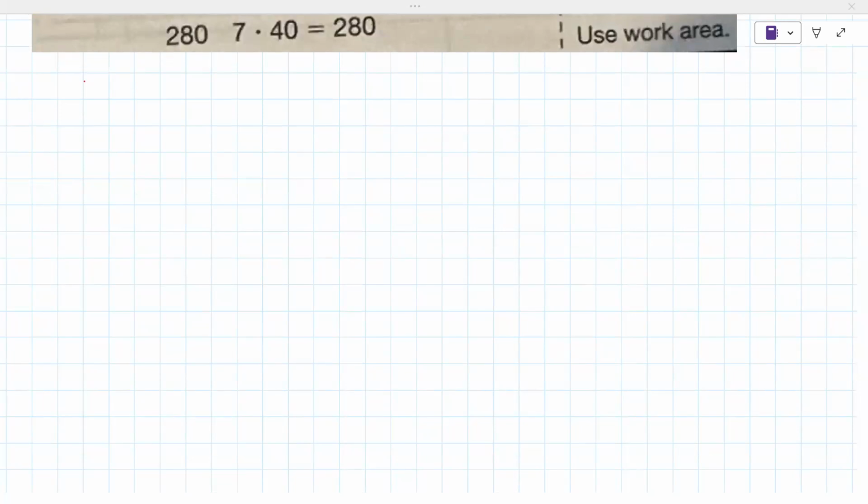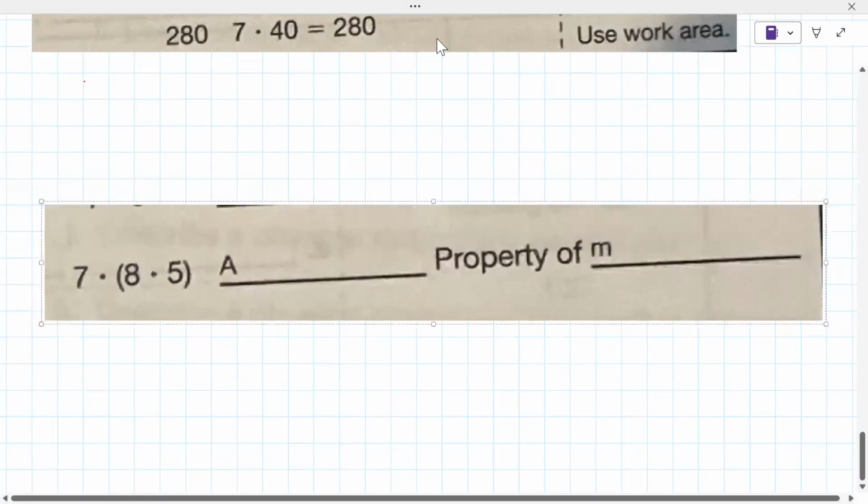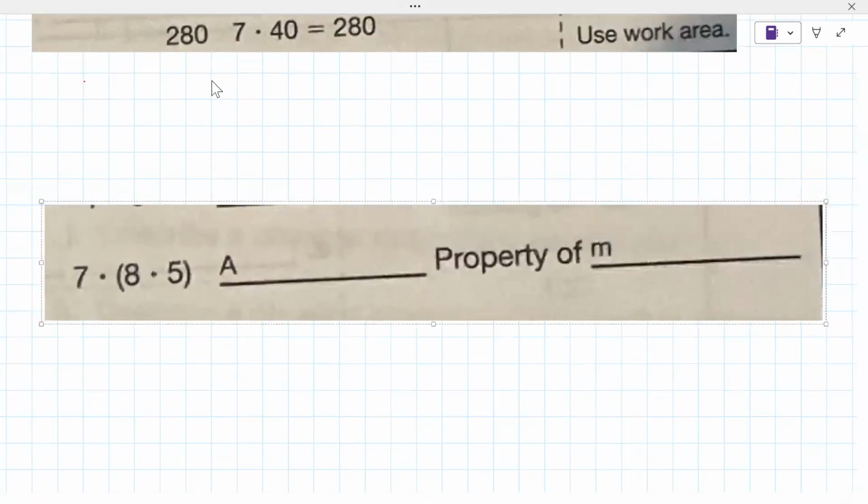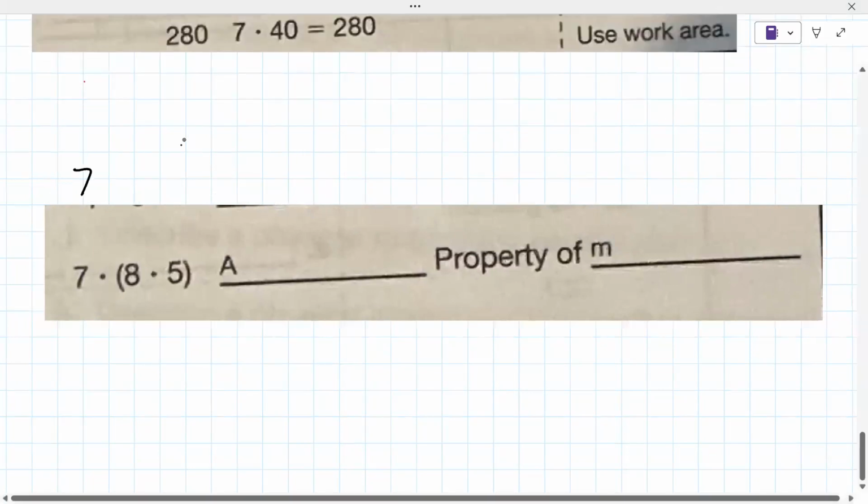Give me just a moment here to snip this slightly differently so it's clear. Okay. All right. So let me add one more thing here. All right. What is the difference between what I've written and what is written here? What is the difference that you see?